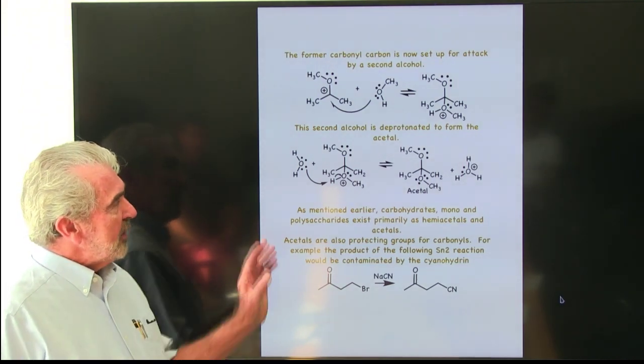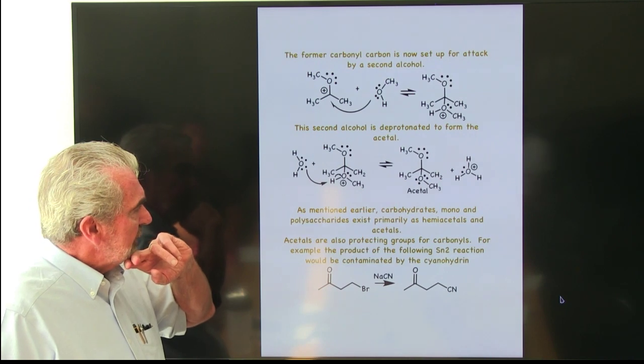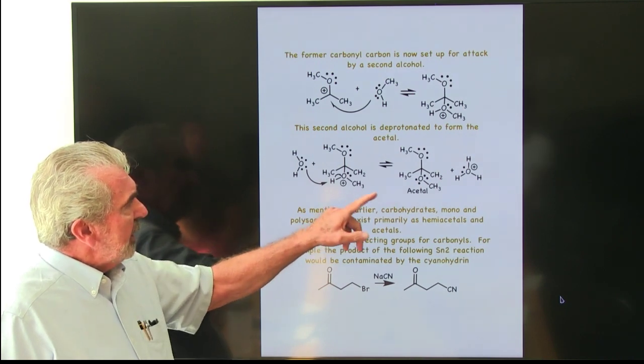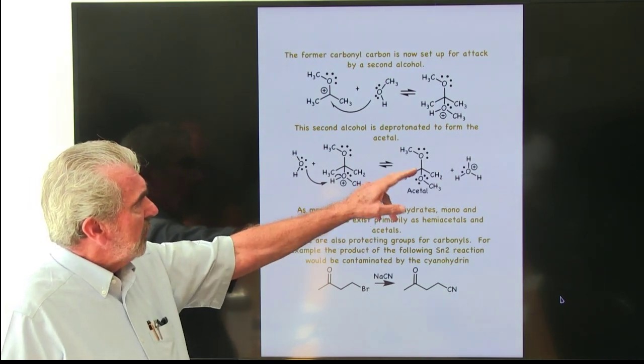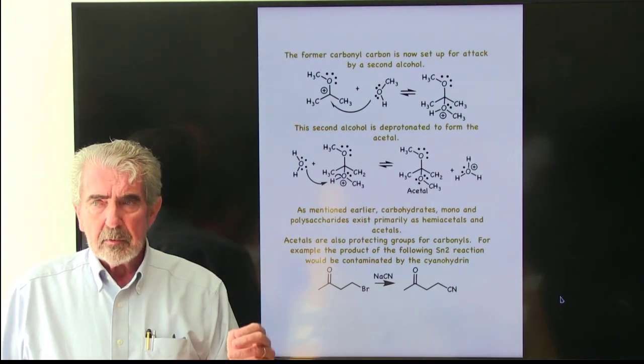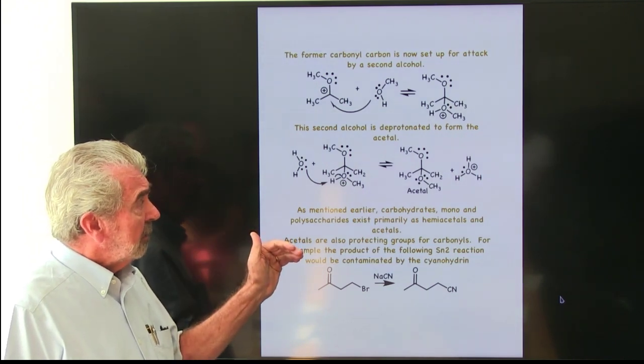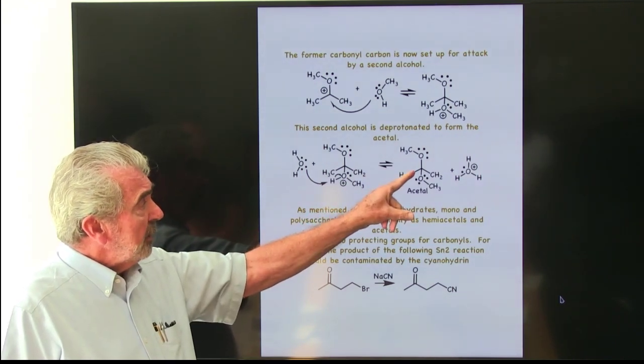No, a protecting group, well, I don't think I have an example here. But let's say that we had this carbonyl on the same molecule that we had, say, a double bond, an alkene. And let's say that we wanted to reduce the alkene, but not the carbonyl.